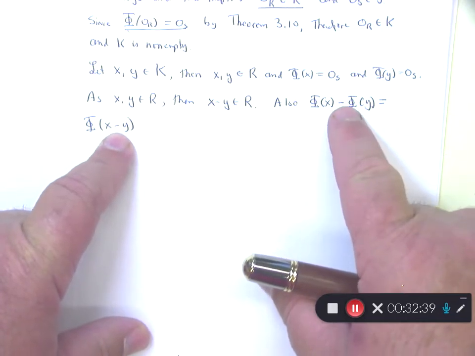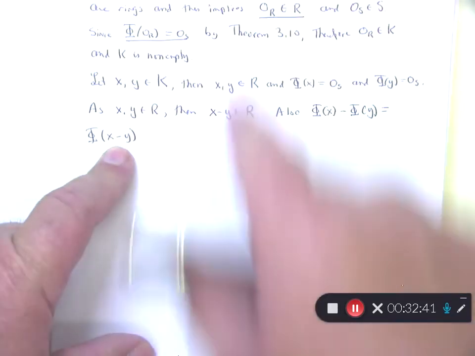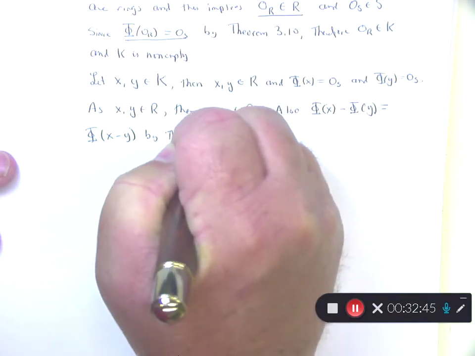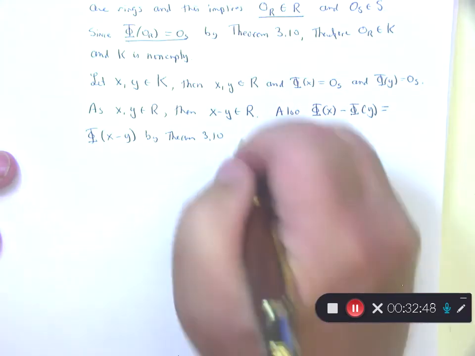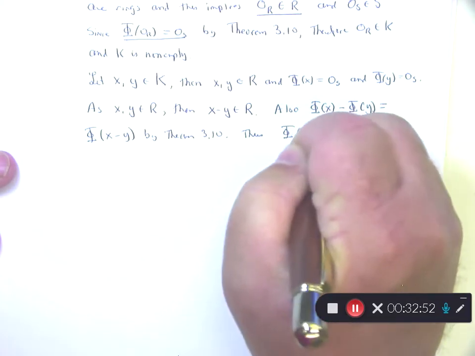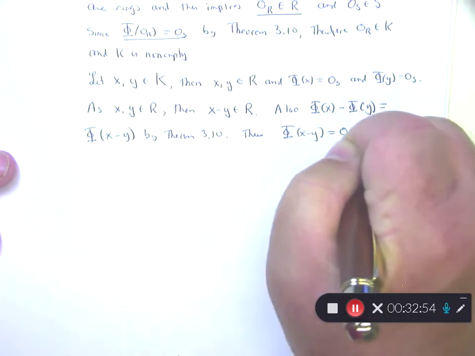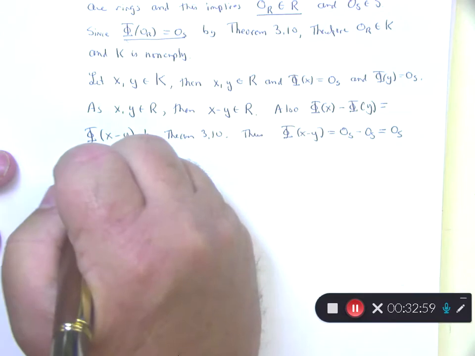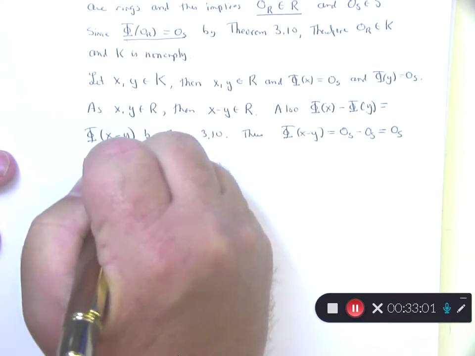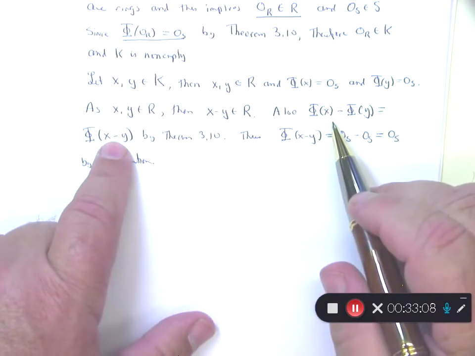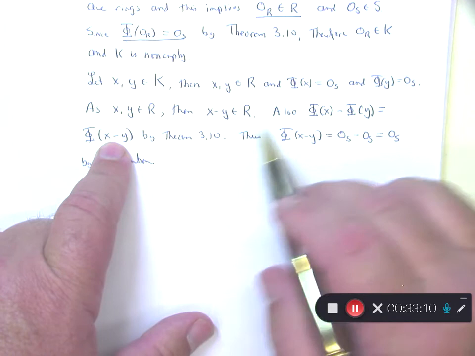But the minus actually came from Theorem 3.10. Thus, phi of x minus y would be equal to 0s minus 0s, which is equal to 0s by substitution. Since phi of x minus y is equal to phi of x minus phi of y, that's your Theorem 3.10.